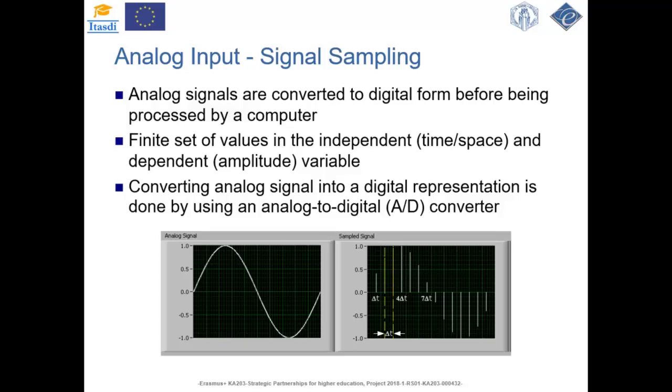Each sample is defined at discrete equidistant intervals of time, and it's clear to see that we can get a much more accurate representation of any given analog signal if we use a larger sampling rate or a smaller time interval. But I won't be getting into so much detail about signal sampling in this presentation.